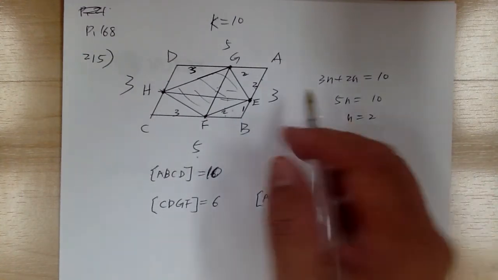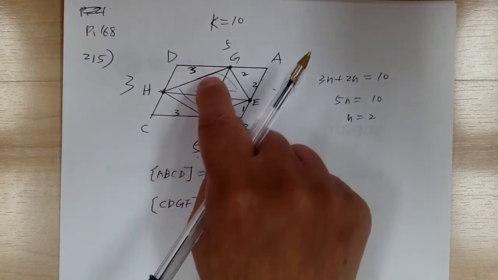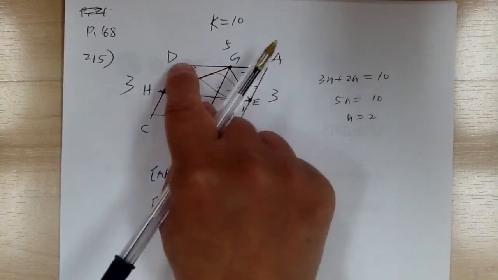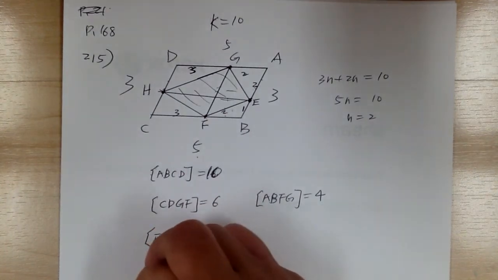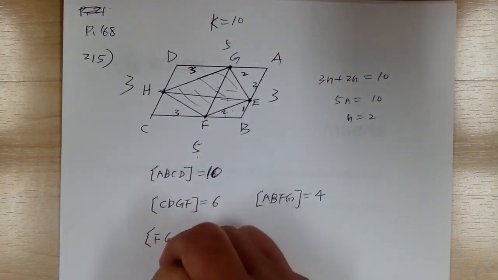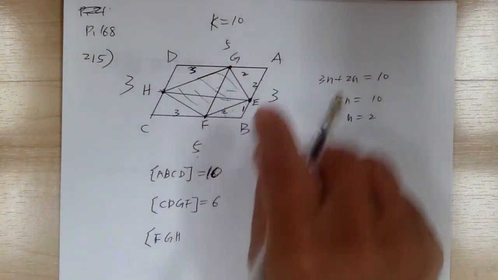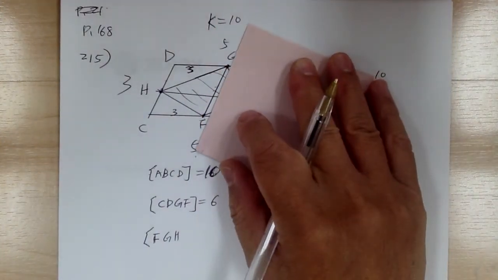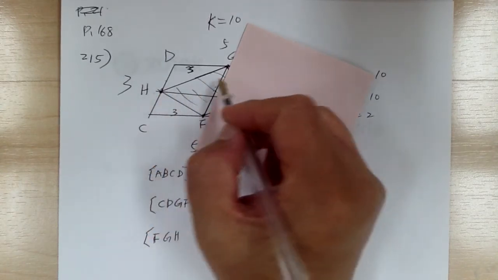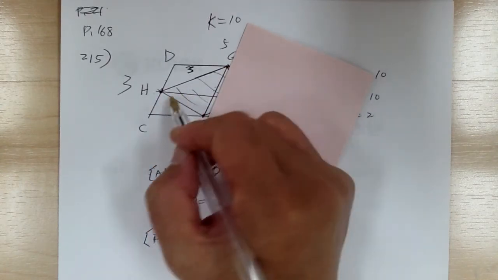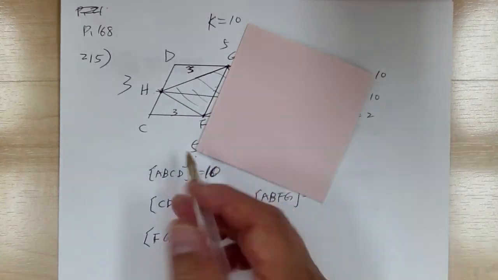Then after that, you look at each individual part. Notice that the triangle is half of the parallelogram. So for the area of FGH, you can just look at this part over here. The area of the triangle is 1/2 base times height, and a parallelogram is just base times height, so the triangle is half of the parallelogram.